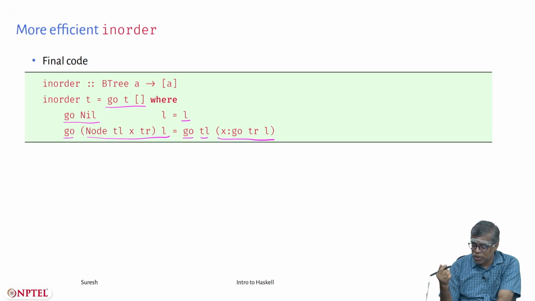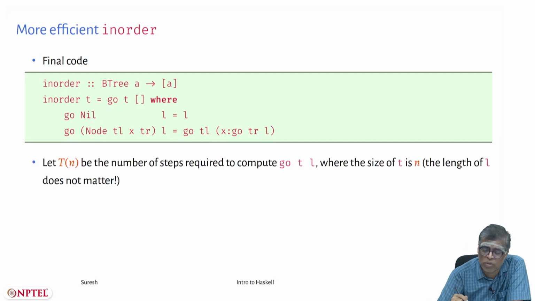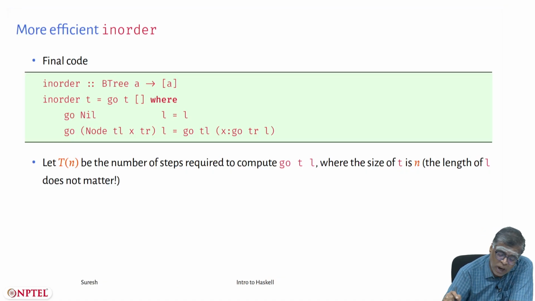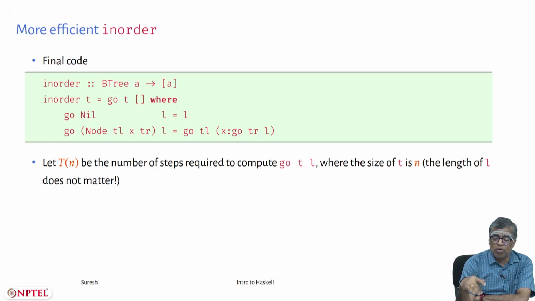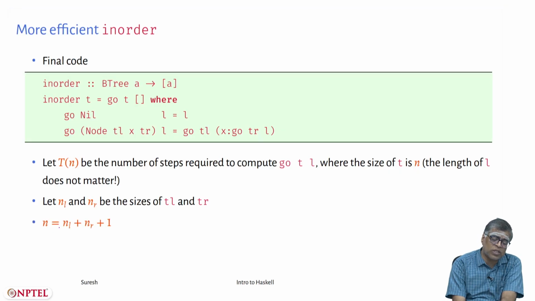Now what is the time complexity of this? Once again, let Tn be the number of steps required to compute go T L, where T is of size n, and the main point is that you do not care about L, because the length of L does not matter in this whole thing. Let NL and NR be the sizes of TL and TR. So then you have N itself equal to NL plus NR plus 1.